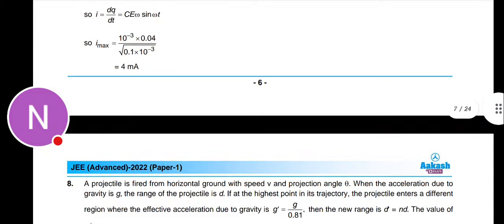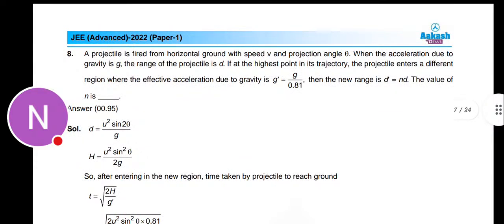Okay. Next question number 8. Here they have asked: a projectile is fired from horizontal ground with speed v and projection angle theta.